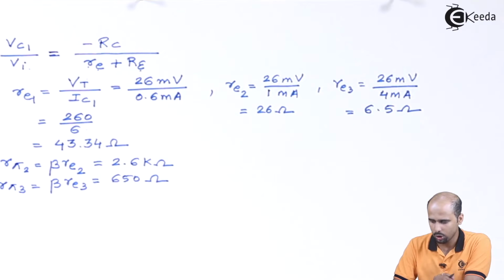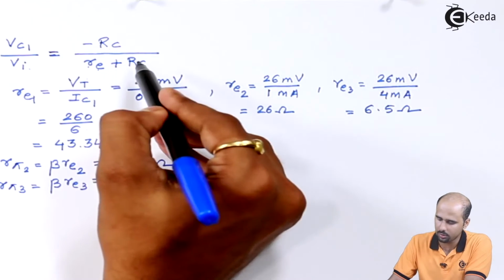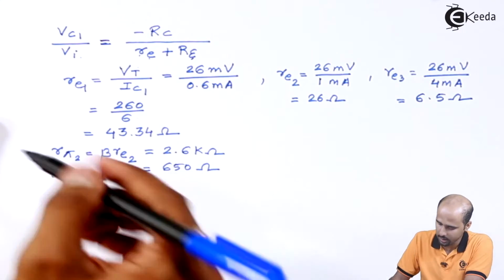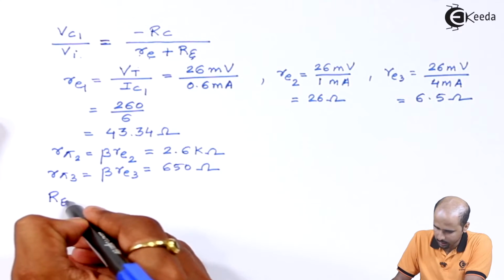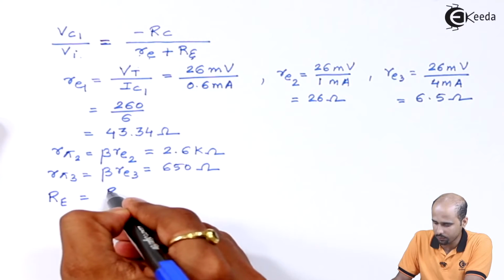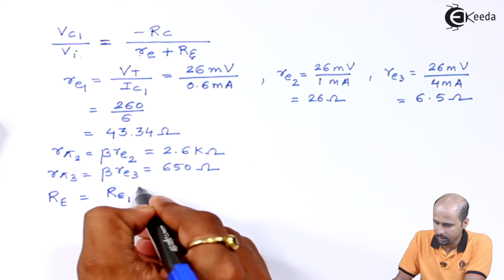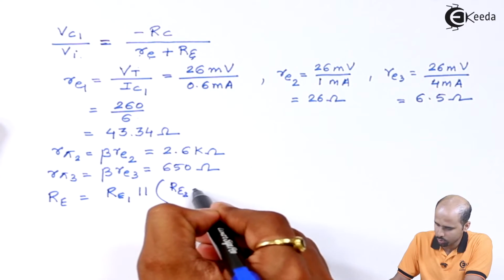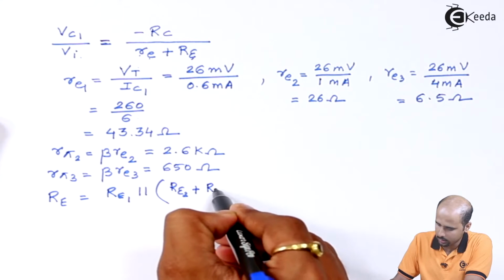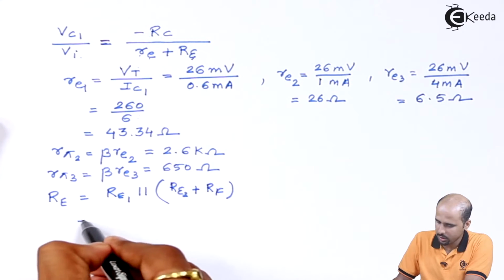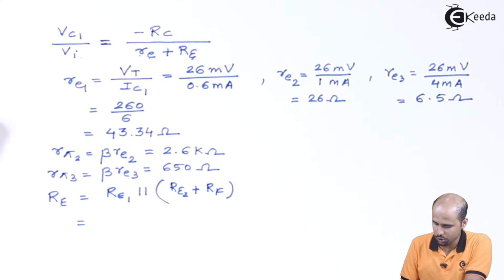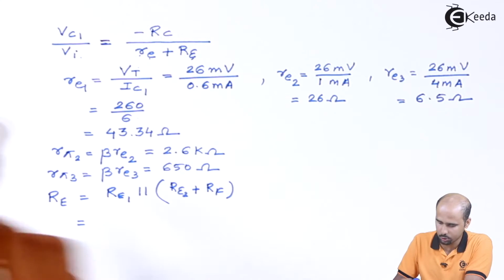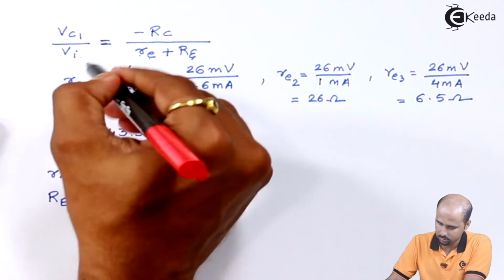Now we will calculate what will be the value of capital RE. Capital RE is nothing but the calculation of re1 in parallel with re2 plus RF, right? Calculate these values, then put this into this particular formula.